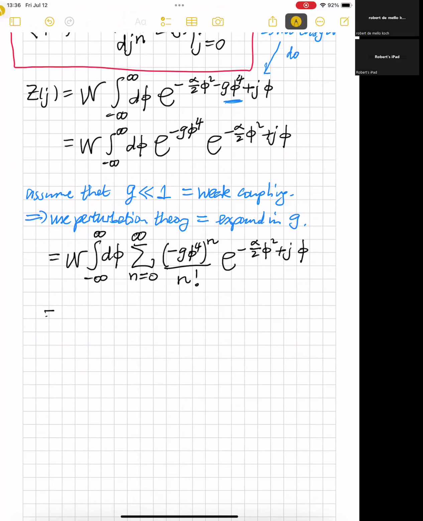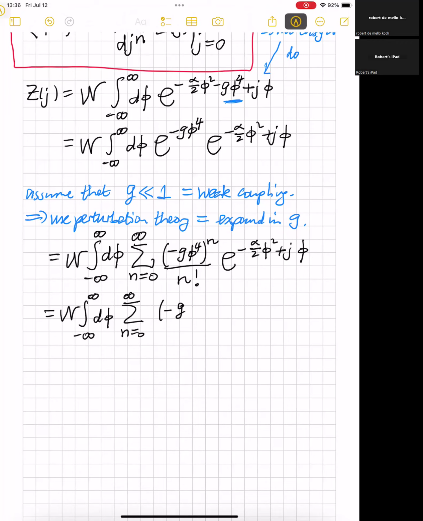Okay, in the next step, we'll keep the normalization, we keep the integral from minus infinity to infinity d phi, we'll keep the sum from n equals 0 to infinity. And now comes the first non-trivial thing. We've got minus g. Now, instead of writing a phi, I'm going to write a d by dj of the exponential, because every time I differentiate this exponential with respect to j, I bring down a phi.